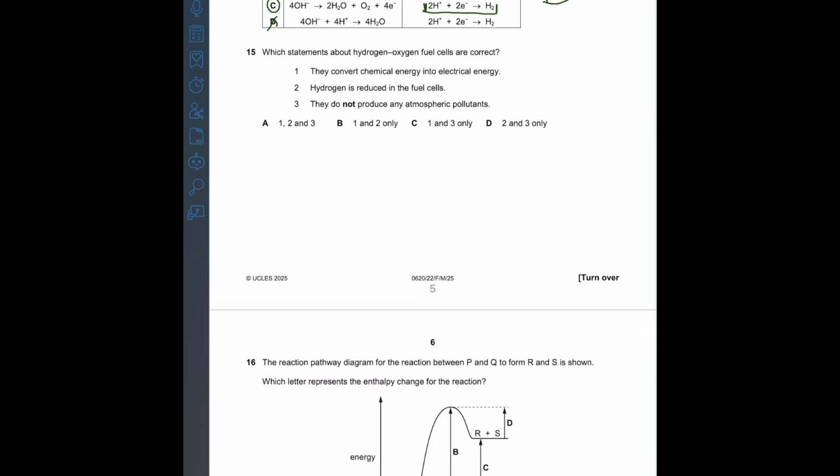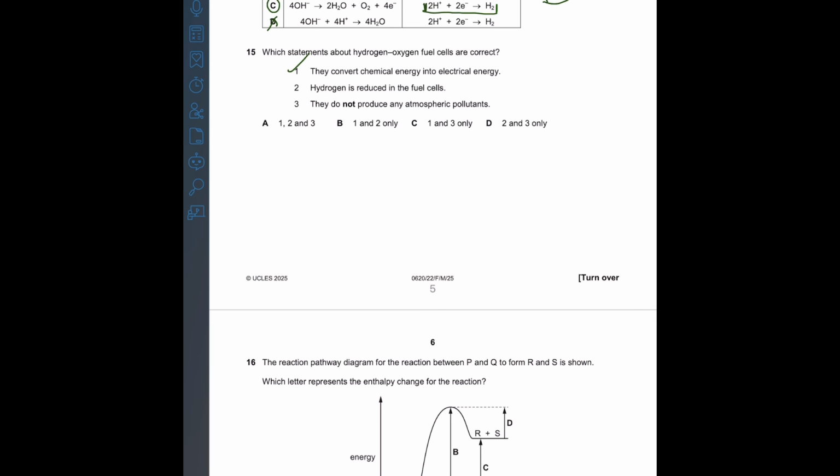Question number 15. Which statements about hydrogen oxygen fuel cells are correct? So once again, this is the type of topic that there are some points and you have to remember them. So A, they convert chemical energy into electrical energy. Yes, so one is correct. Hydrogen is reduced in the fuel cells. Wrong.